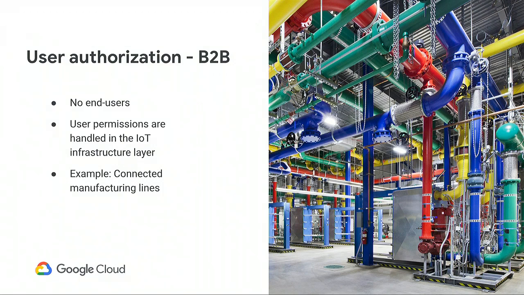When it comes to implementing these use cases based on these business models, usually it's enough to use the resources provided by the cloud service provider, so in this case, Google Cloud. So these are existing resources or building blocks, and implementing these use cases can rely only on these components. And very importantly, there are no end users in B2B use cases.